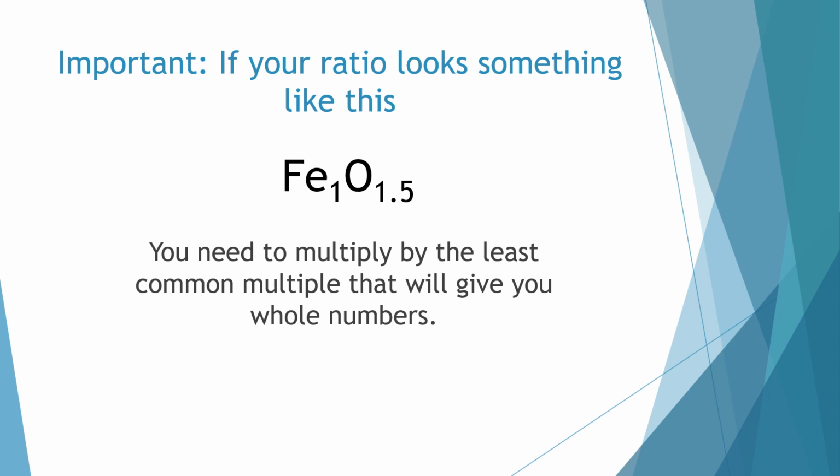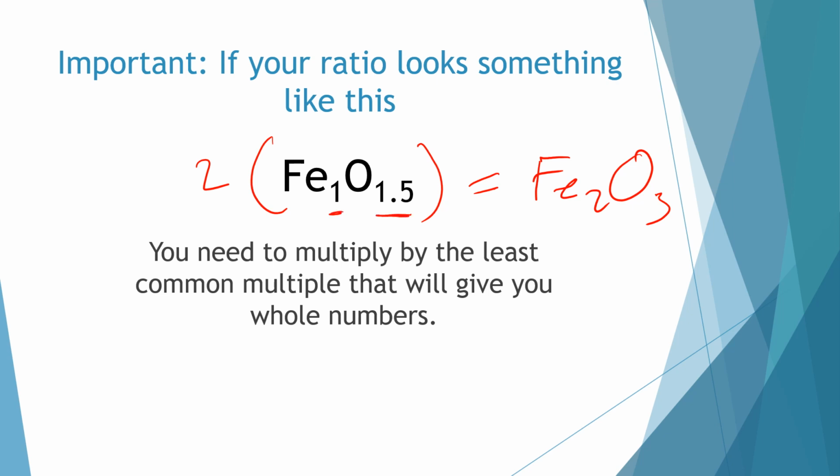If I distributed a 3, I would have Fe3, but then O4.5. So I have to distribute a 2. This will become Fe2O3. So you may see some like this. Just try to keep this in mind when you're doing this. If you end up getting ratios with a number like that, make sure you are aware of those things.